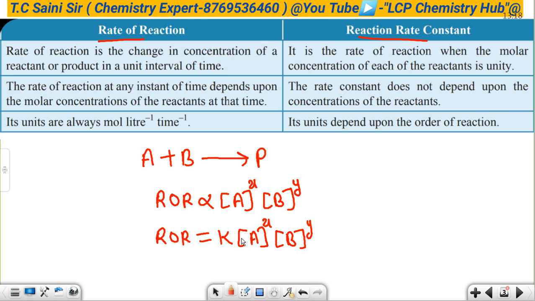Here K stands for rate constant. And what is the rate of reaction? Rate of reaction is the change in the concentration of reactant or product per unit time. And what is X?